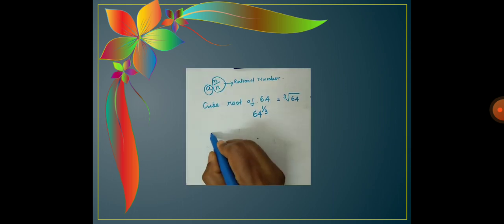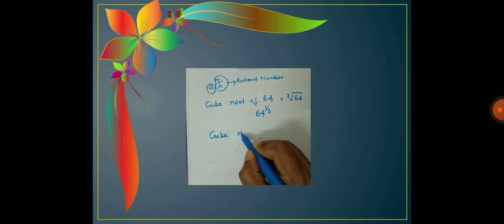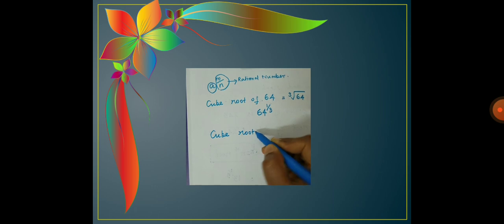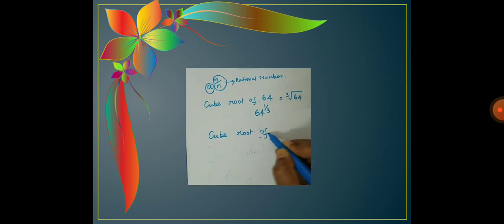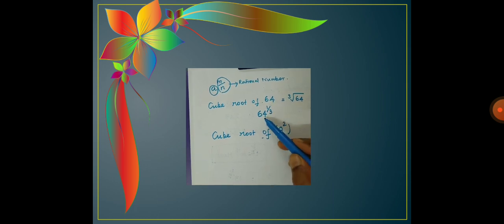Now, what is the cube root of 8 square? What is 8 square, students? 8 square is 64. Yes.